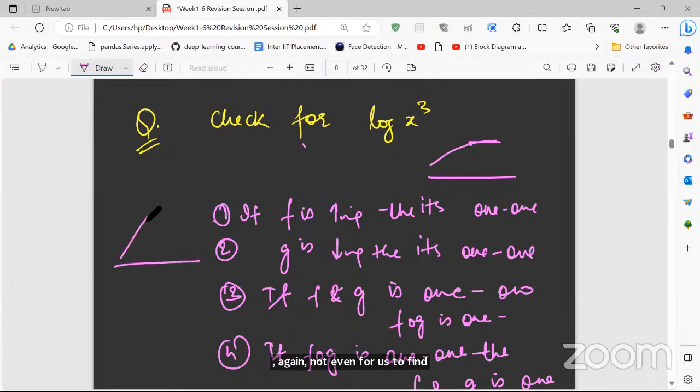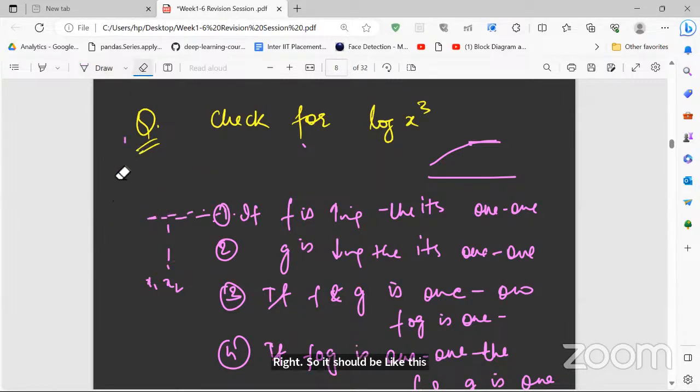For example, if you have a function that is increasing, but from point x1 to x2 the values are constant, and you already know it should satisfy the horizontal line test. If you put a horizontal line here, it is satisfied at more than one point, so then this should not be a one-one function. It should be strictly increasing like this.